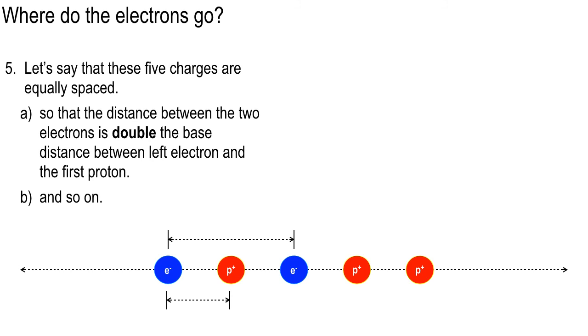If they're all equally spaced, then you can figure out all the interaction forces based on this one interaction here between the nearest neighbors. Because this second neighbor out, if you're focused on that leftmost electron, is going to have an interaction 1/4 the size.